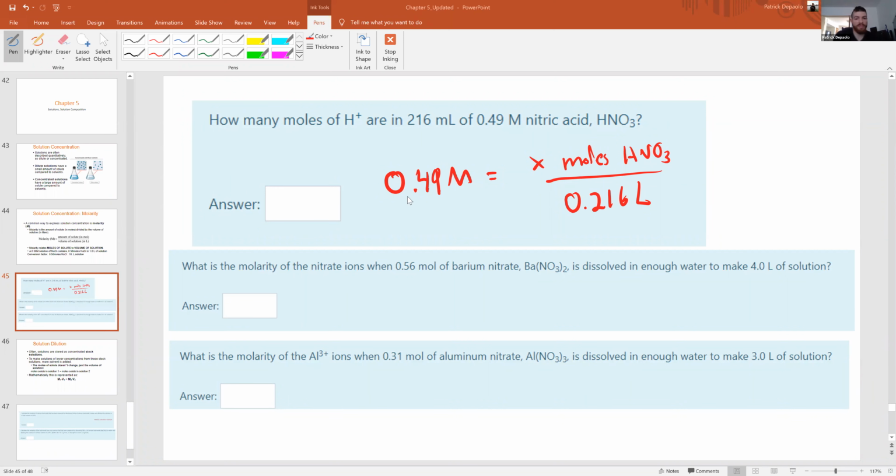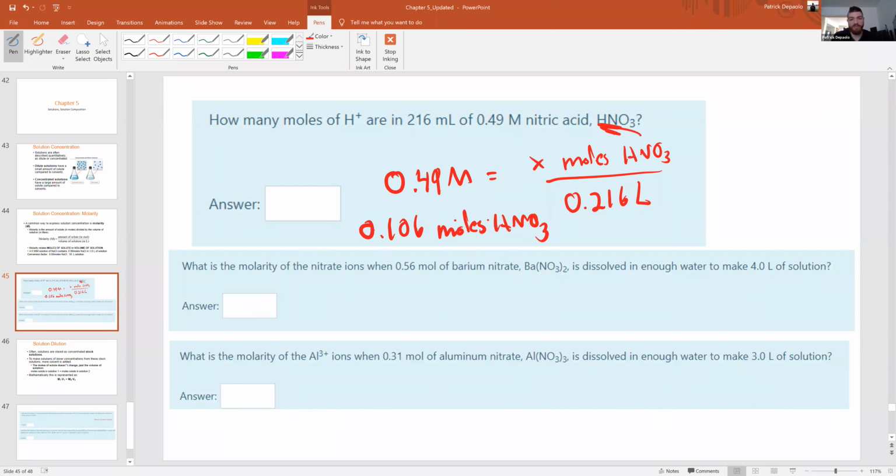All right, so you do the math there and you get 0.105, 0.106. So 0.106 moles of HNO3. Now the question's asking for how many moles of H plus? Once nitric acid, there's many things you have to think about. First of all, it's a strong acid. It ionizes into H plus and NO3 minus.